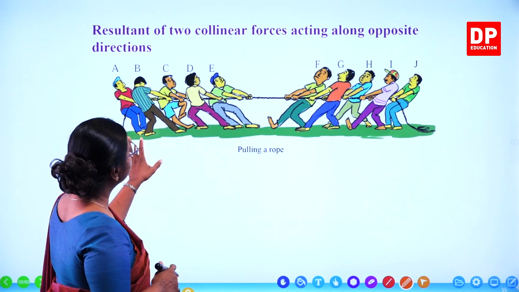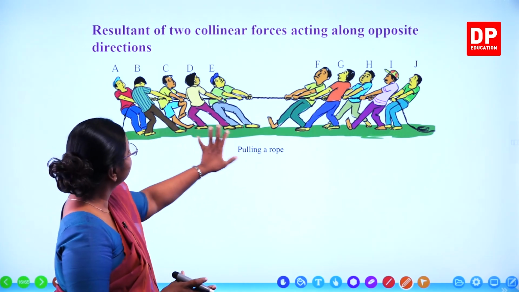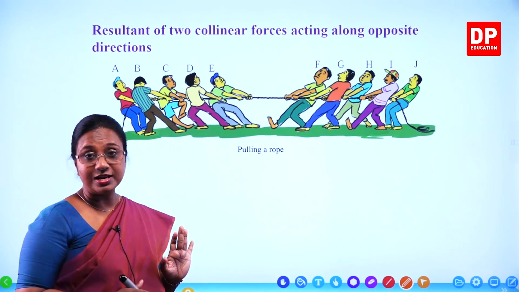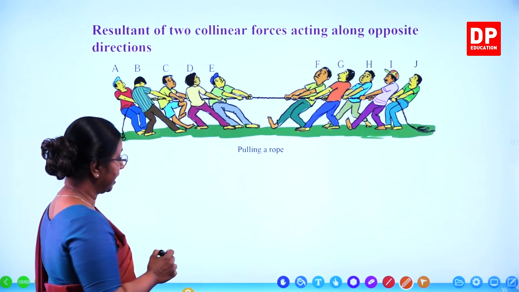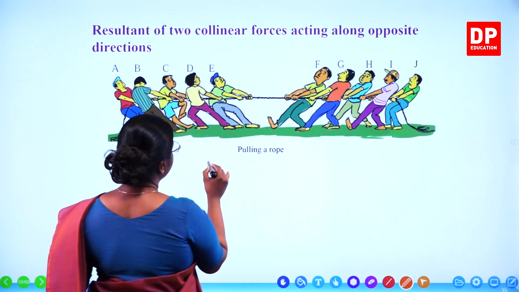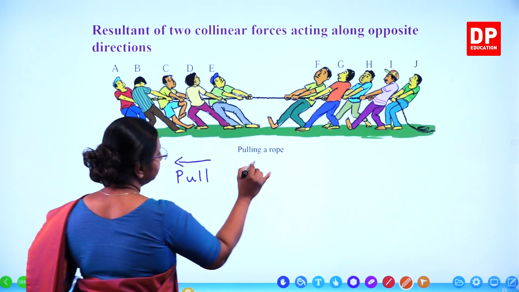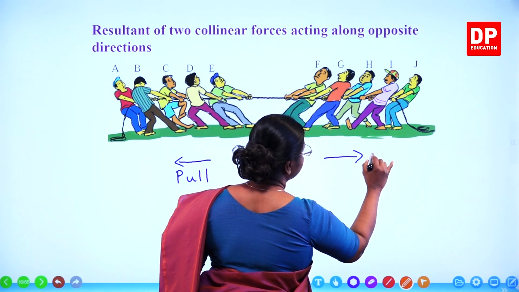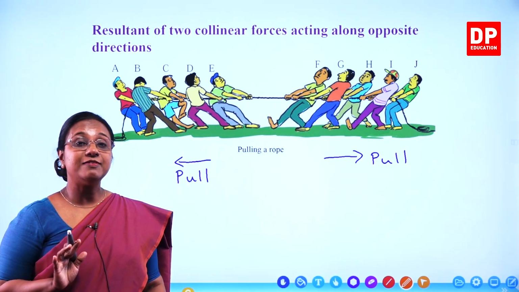So, now here what happens is the people are divided into two groups and one group pulls towards one direction and the other group pulls in the opposite direction. So, here if we take the pull force is in this direction, another pull force in the opposite direction. So, how do we identify the winner?